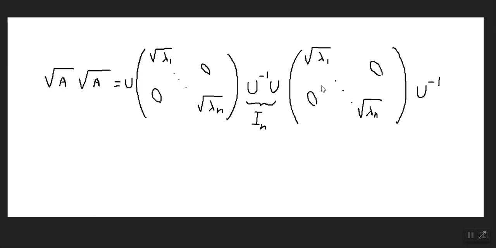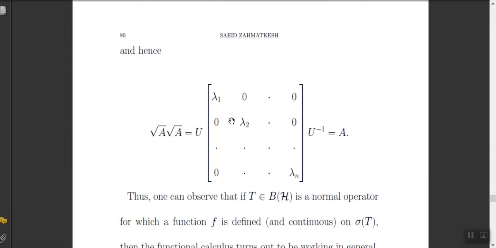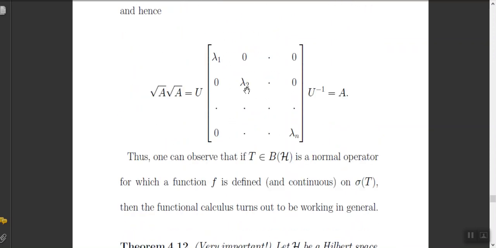Now the product of these two diagonal matrices will be like this: U, and in the middle, the square root of lambda 1 times the square root of lambda 1, and so on. Do you agree with me? This equals lambda 1, lambda 2 up to lambda n. And what is this now? A. So you can see, just like ordinary calculus, we have this.